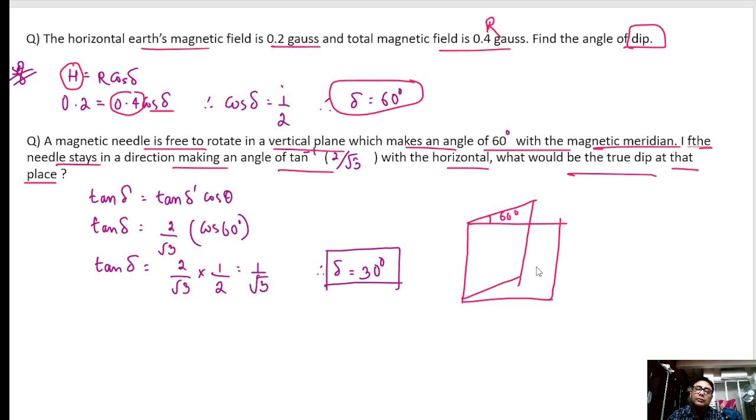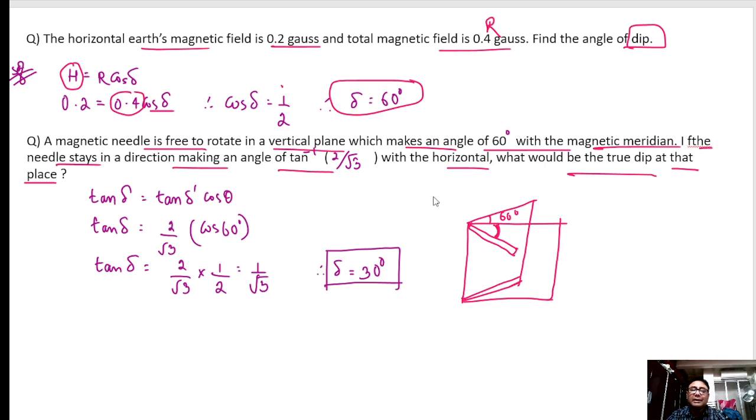So here we can say, if the needle stays in a direction making an angle tan inverse 2 by root 3 with the horizontal, that means the needle is making this angle, tan inverse 2 by root 3, with the horizontal. Clear?